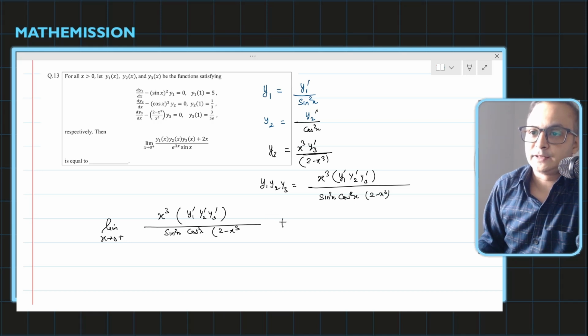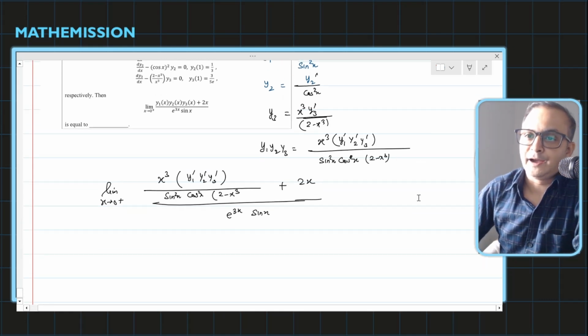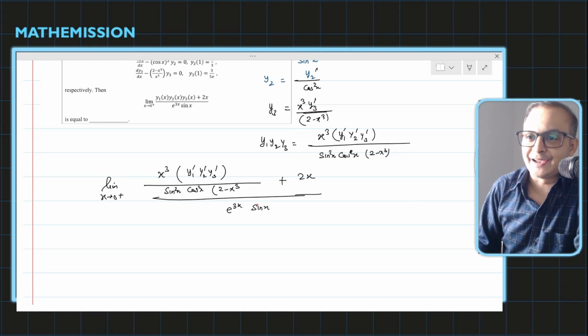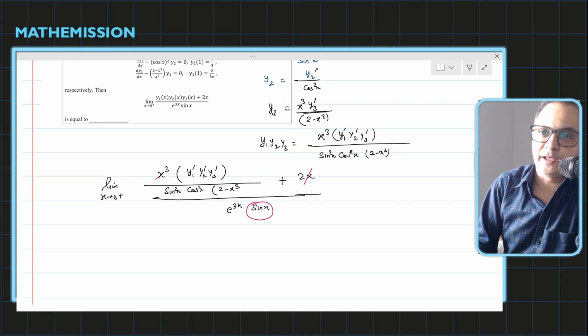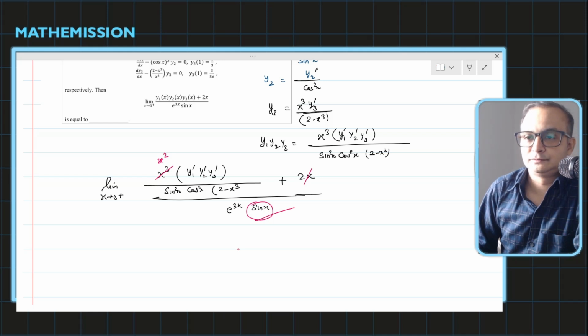This is the first term, and the second term is 2x divided by e to the power 3x sin x, and see what will happen. I need to kill this sin x, so for that I am taking 1x from here and 1x from here. So x by sin x for x tends to 0 becomes 1, so this is gone.